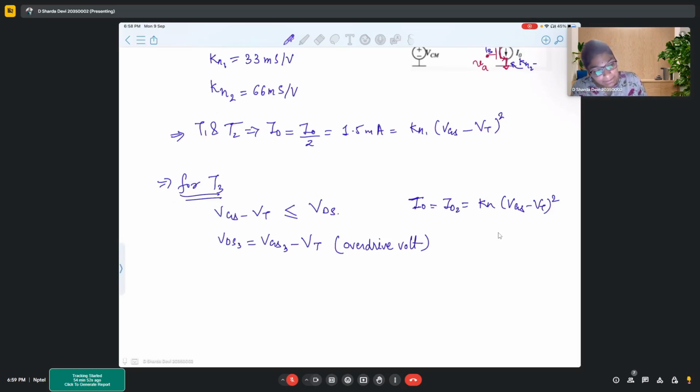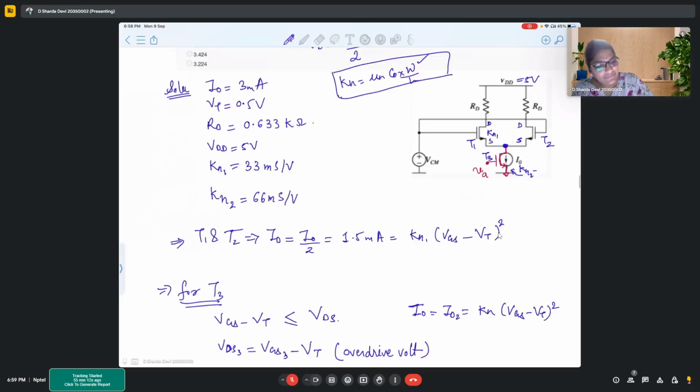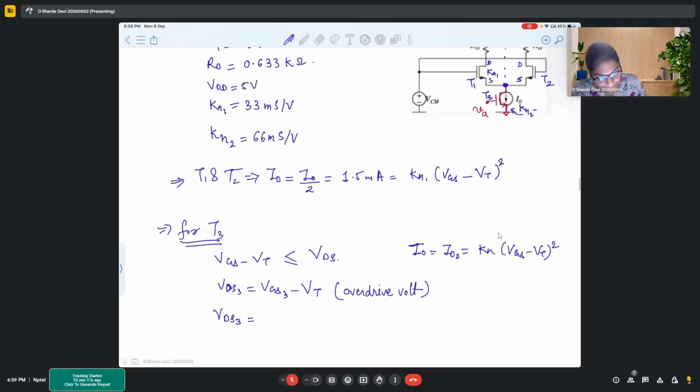Anyways, here, this VDS3, if you observe very carefully from the transistor, is drain source. This is the drain terminal voltage, right? Let's say we are going to solve the half circuit. That means VDS3 is actually equal to VS1, the source voltage of transistor 1, correct?